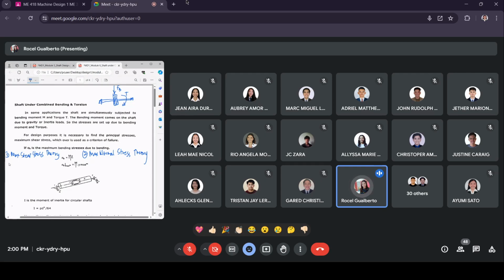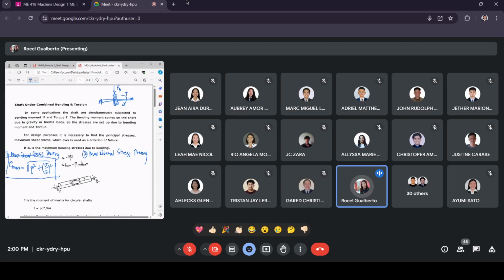For the equation, we use the symbol tau and put there maximum, hence maximum shear stress theory. So tau max would be equal to the square root of tau squared plus sigma over 2 quantity squared. So this is our general equation for your tau max.